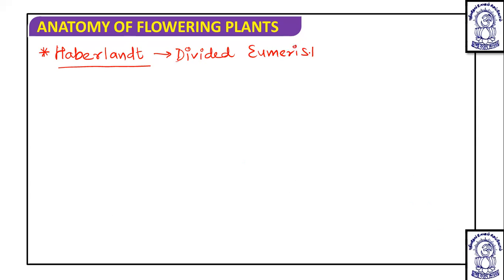Now, after this, one more thing we have to note down here is that one scientist named Haberland divided the eumeristem into three regions. This eumeristem is nothing but we can say a primary meristem or apical meristem.